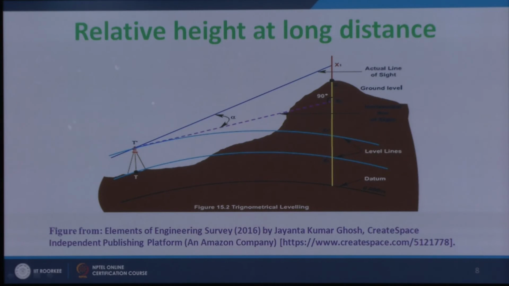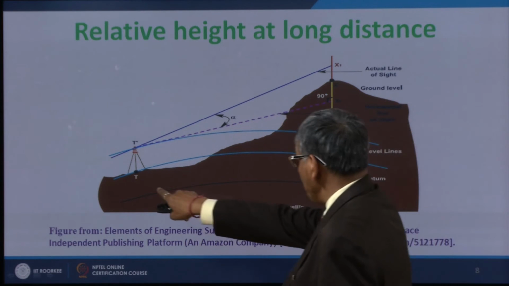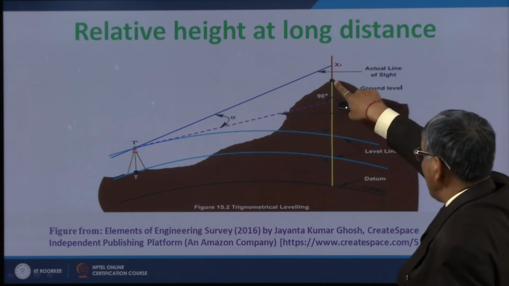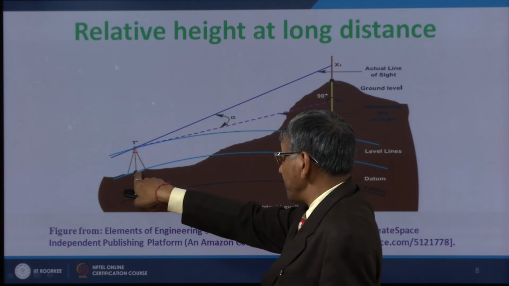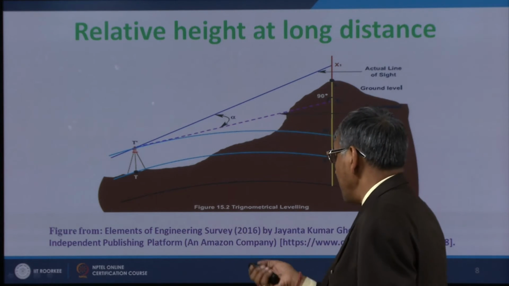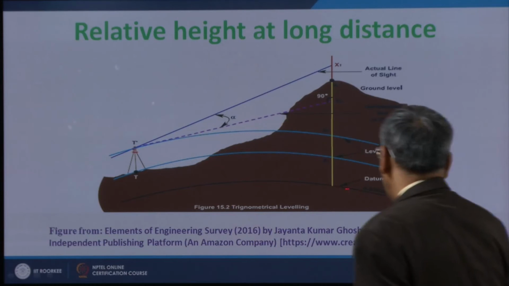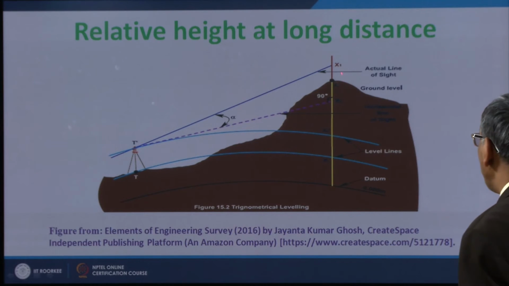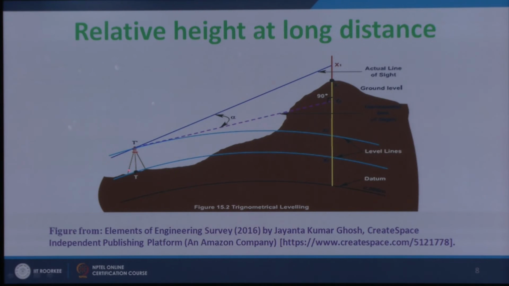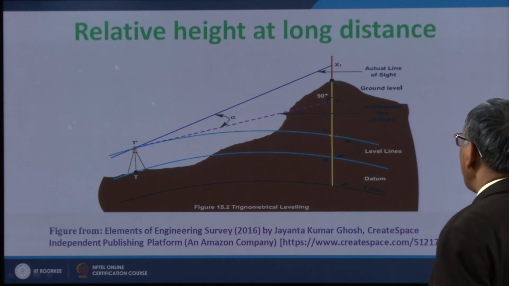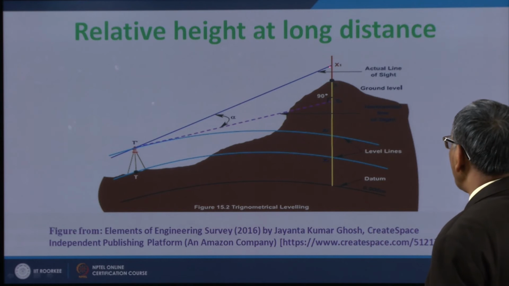Then in this figure, if we want to find the height of the point x, the height of the point t is known, and this is the datum. The height of the point x will be the height of the point t plus the height of the instrument t dash, and that will be equal to this point, which is on the level line, and then we have to add from here to here.